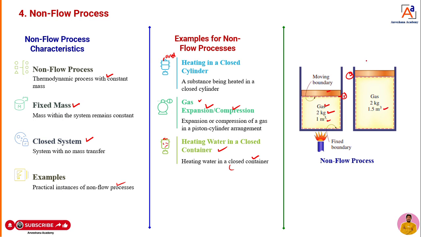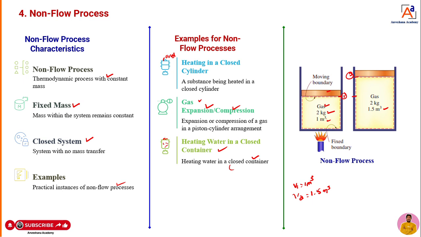Initially V1 is equal to 1 meter cube. When we heat it, the volume changes from 1 to 1.5 meter cube. That means the property is changed, because of the increase in volume, expansion, the piston moved here. That means the system boundary is shifted from this point to this point. The boundary is moving, but mass is not at all changed.